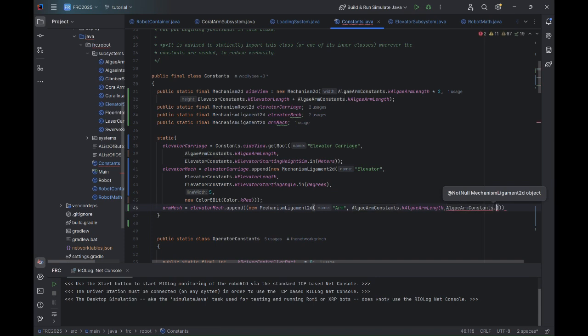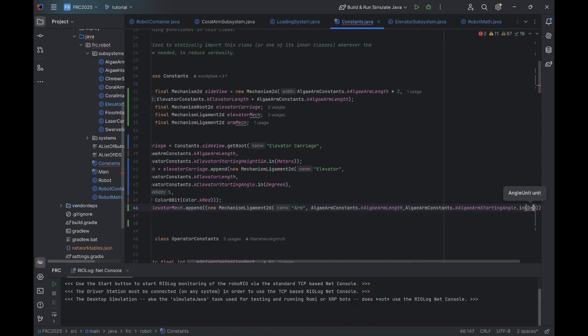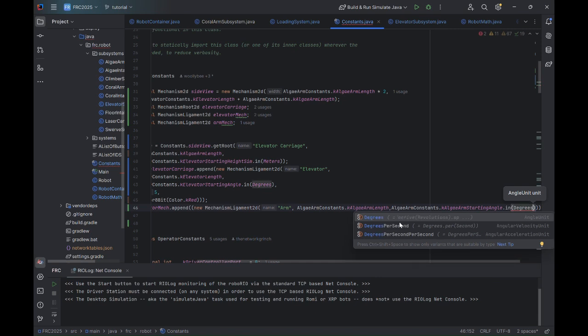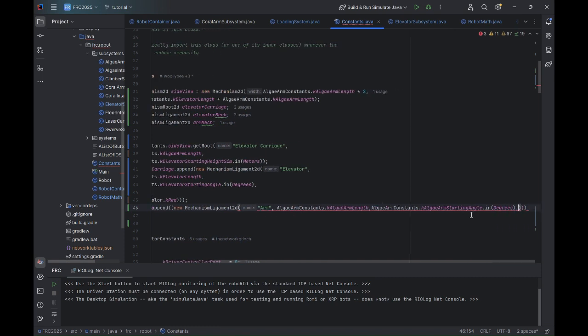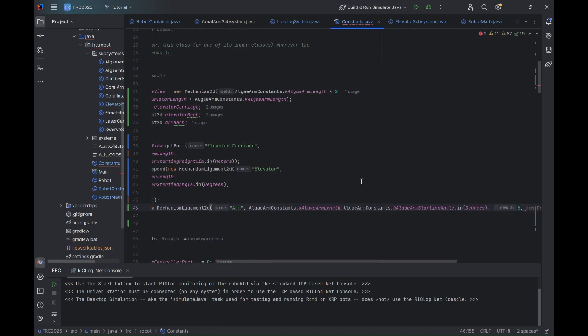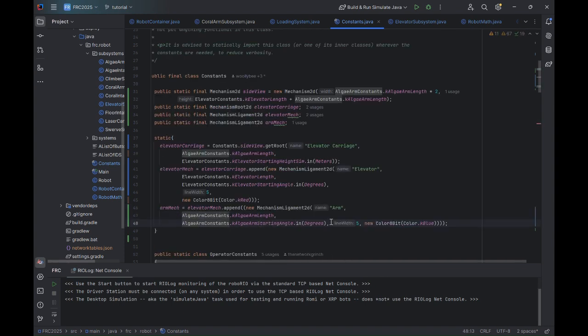I think we have an angle. Okay, starting angle in degrees. Starting angle, and we need line width 5, and a color. So new color, blue. And that's for initializing the mechanism 2D.